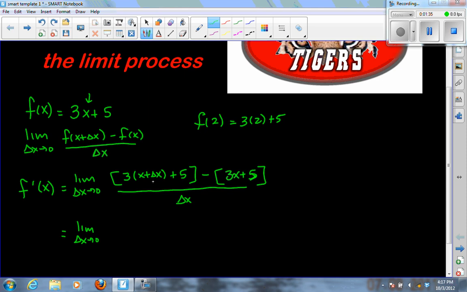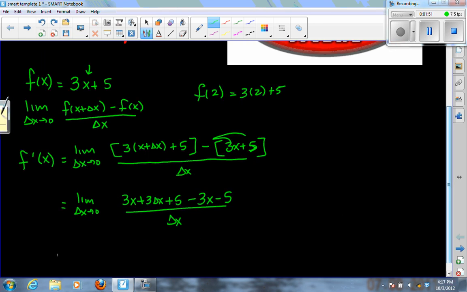3 times x plus delta x is 3x plus 3 delta x plus 5. Remember to distribute this negative, so minus 3x minus 5 all over delta x. And that will continue to be cleaned up. Bring your limit down, and the 3x's will go away.